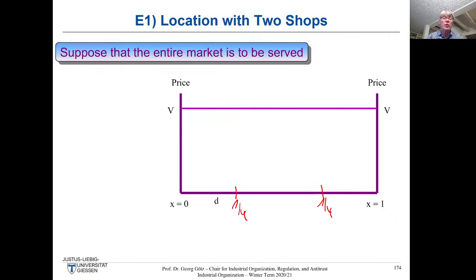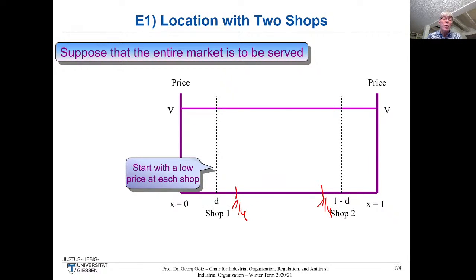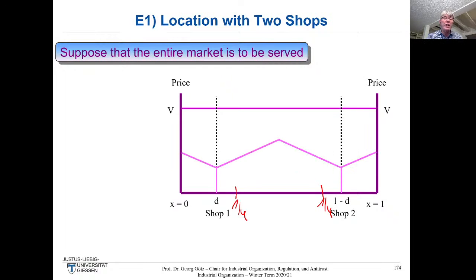If they are located at d, which is the distance from the edges, less than 1/4, that's what we had here. And we start with some low price. Of course, this is not an optimal price, because even this guy who has the highest price, inclusive the transport costs, this pivotal consumer at the center, has a rather high consumer surplus.